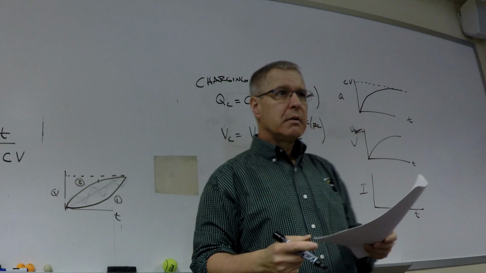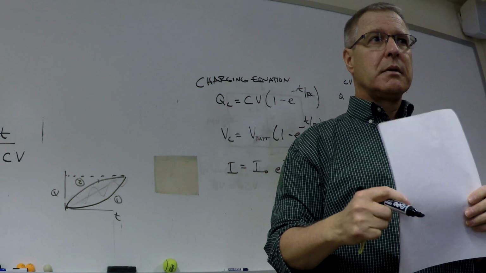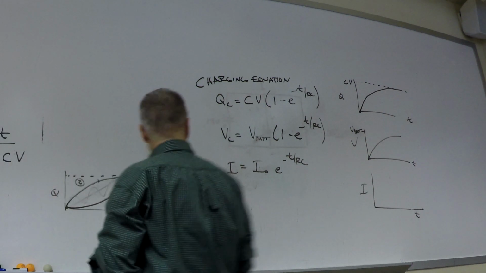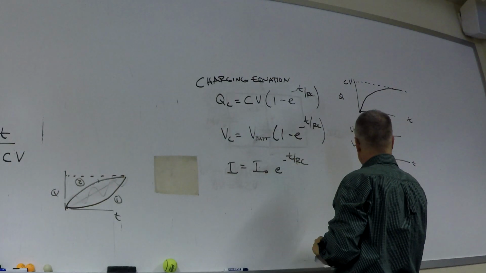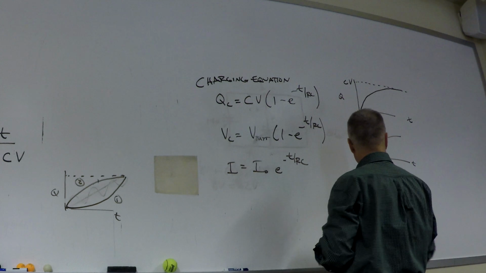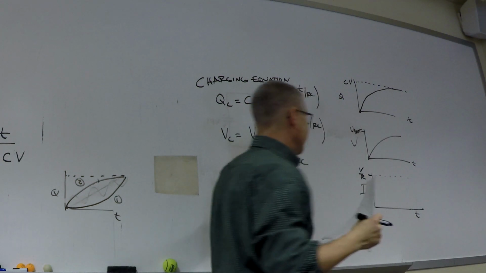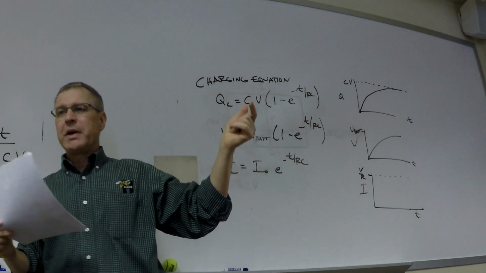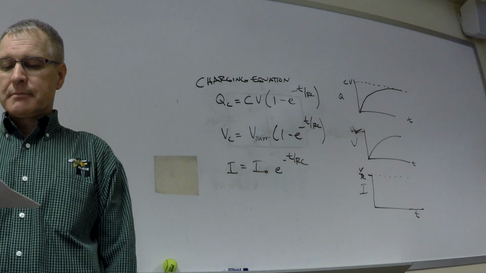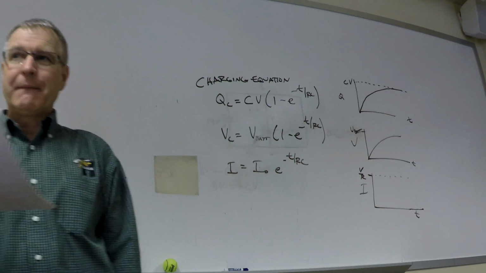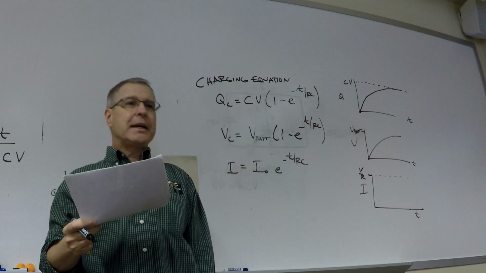Where do we start? Right here. So we start up here, and this tells us how we're going to get from that initial current down to 0. Yep, that's a classic decay function.